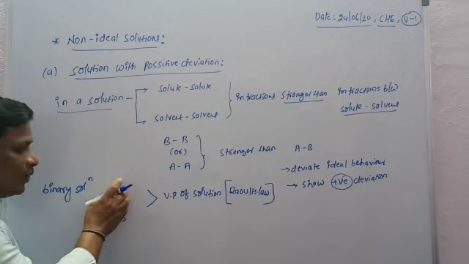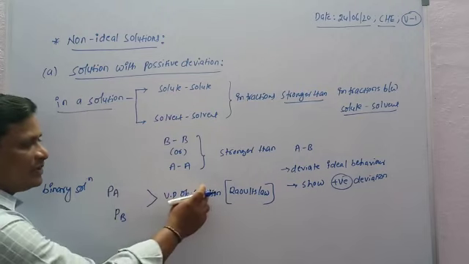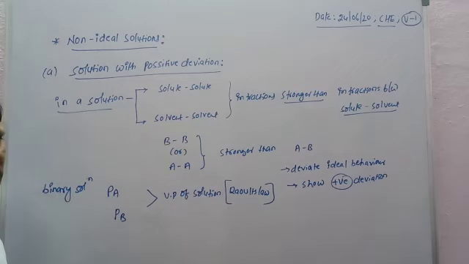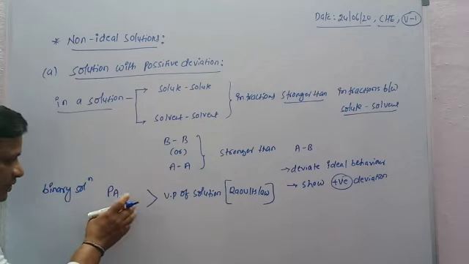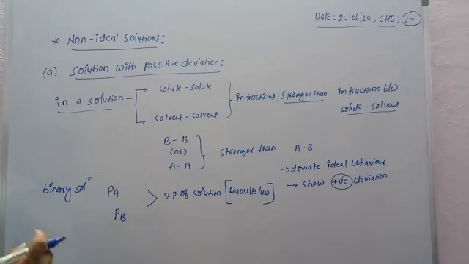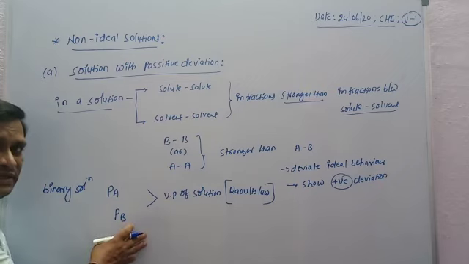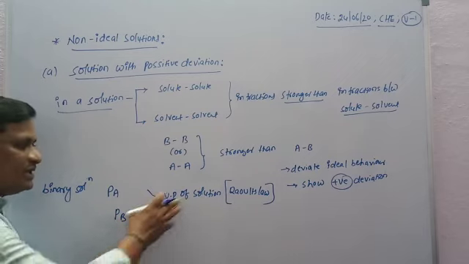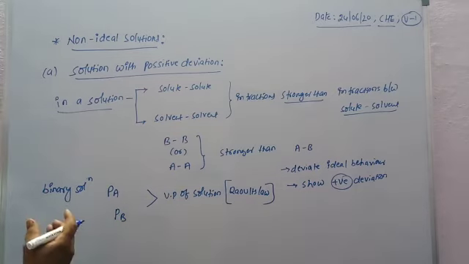It means partial pressures are comparatively more than the vapor pressure of the solution according to Raoult's law. Now what happens? In these individual molecules, if greater interactions are present between the molecules, then the vapor pressure is less than the vapor pressure of the solution.